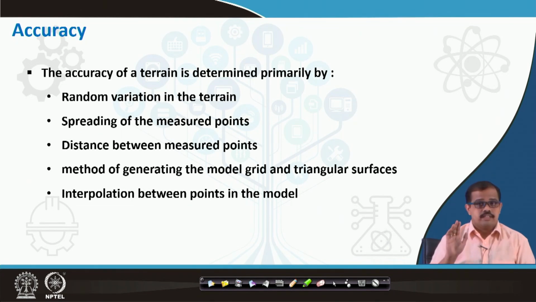The way it has been developed and the way it has been stored is extremely important. Finally, when you are developing a model from points, you use certain statistical techniques like interpolation. So, what kind of interpolation has been done between points in a model? Such things are needed in order to determine the accuracy of the model.